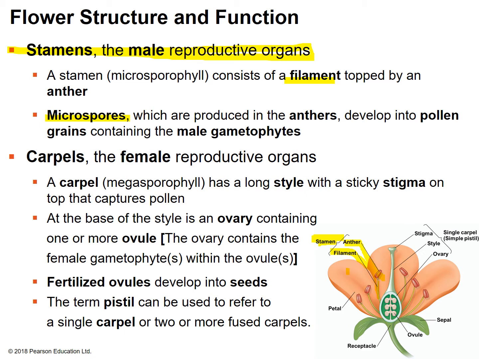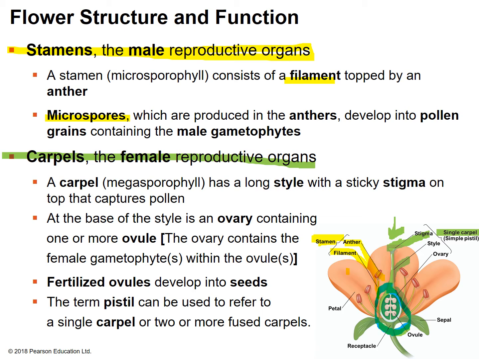Carpels, the female reproductive organs. A carpel is a megasporophyll, has a long style with a sticky stigma on the top that captures pollen grains during pollination. At the base of the style is an ovary containing one or more ovules.